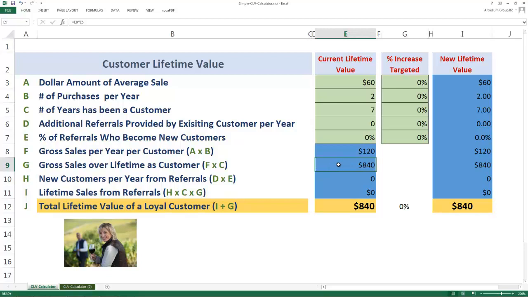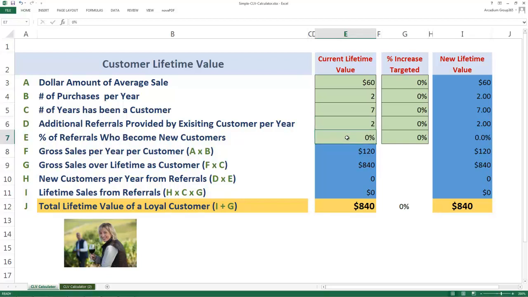If you think of them as a $60 customer, maybe not so exciting, but if you think about them as an $840 customer, you start recognizing the value of having them come back twice a year for the next 7 years. But if you look at line D, additional referrals provided by that existing customer, let's say that they tell 2 of their friends or 2 of their relatives or work colleagues every year that they really love your winery. So we'll put 2 in there.